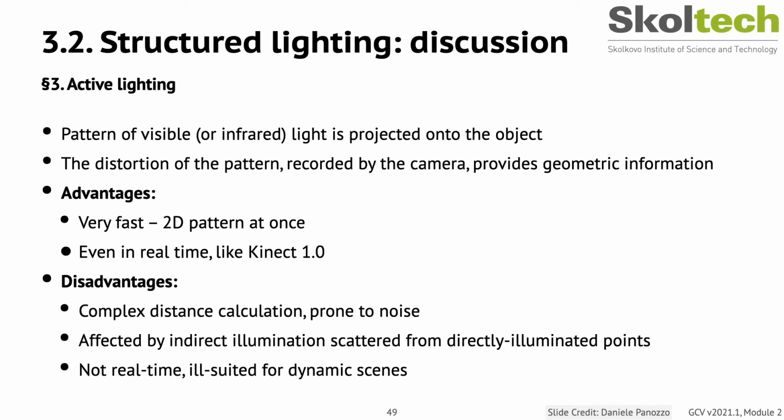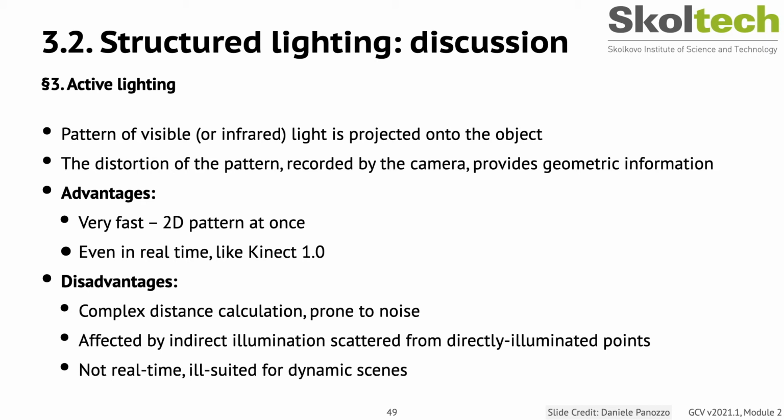Structured lighting projects patterns of visible or infrared light onto the object. The distortion of the pattern recorded by the camera provides geometric information. In fact, structured lighting has many advantages by projecting a 2D pattern at once.